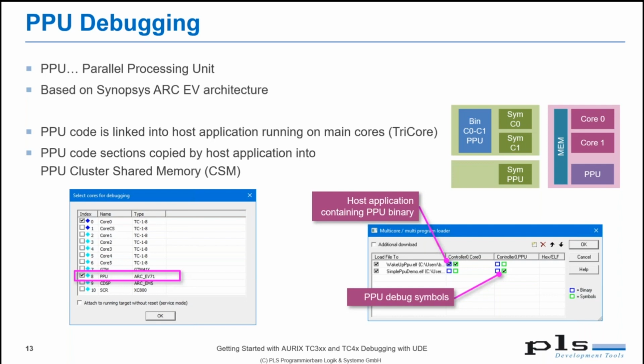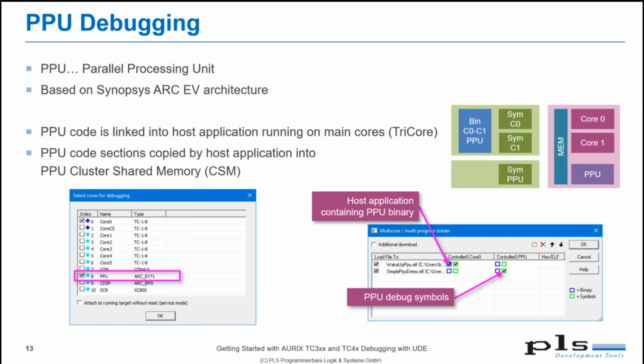From the debugger usage perspective, the PPU is handled similarly to the GTM. So again, the binaries of the PPU are linked into the host application, and the TriCore core then copies the binaries into the PPU memory and wakes up the PPU. And again, we need to flash via the Core 0.